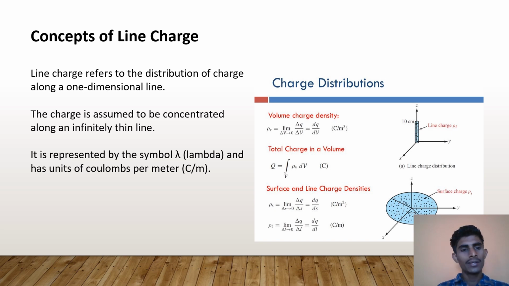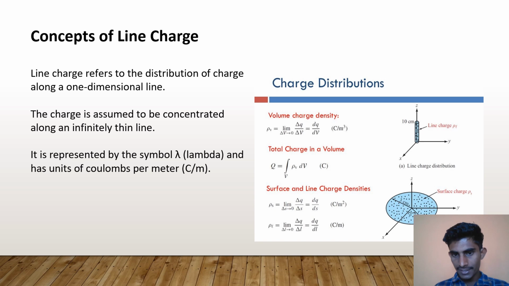It is represented by the symbol lambda and has the unit of coulomb per meter. We can observe the charge distributions on the right side.